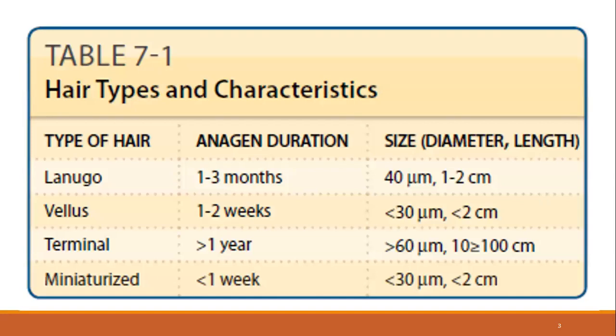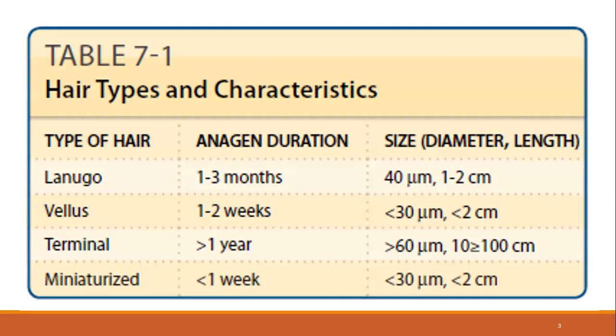This table shows the different characteristics of the lanugo hairs, the vellus hair, the terminal hair, and miniaturized hair. Lanugo hairs have a short anagen duration, that is 1 to 3 months, and are always less than 1 to 2 centimeters in size. The vellus hairs have an anagen duration of 1 to 2 weeks, and they are usually less than 2 centimeters in length.